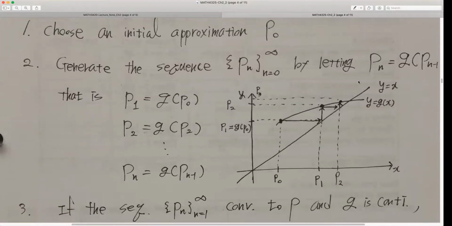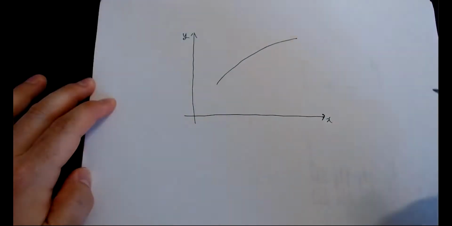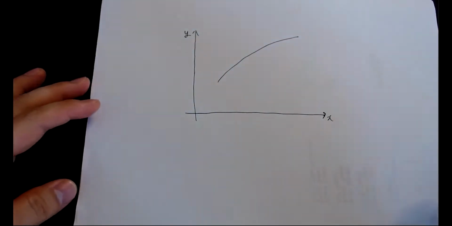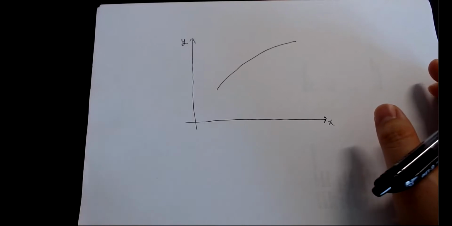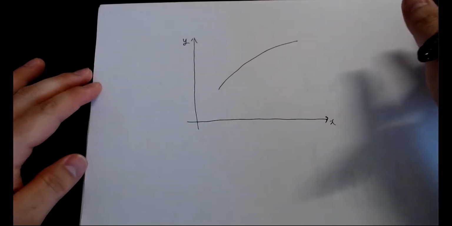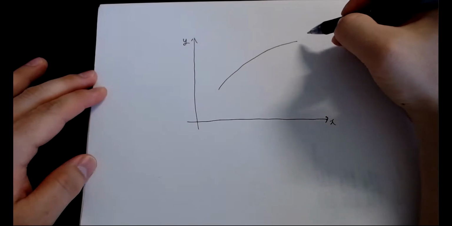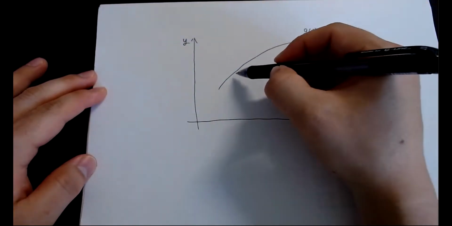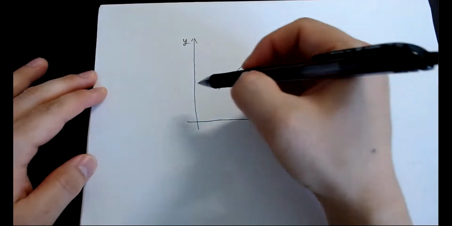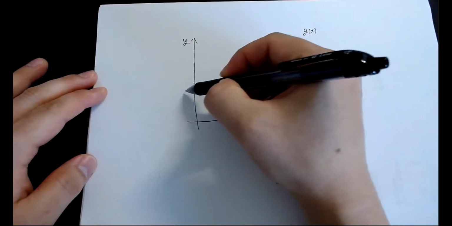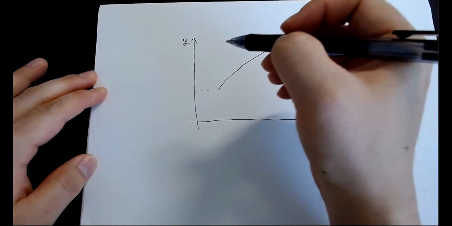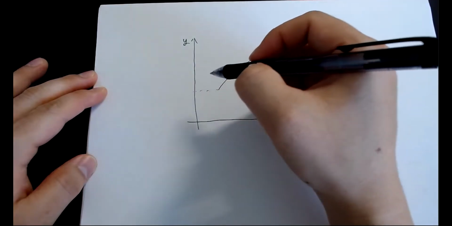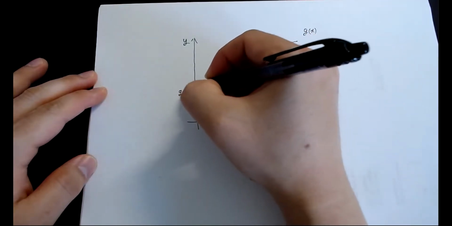Okay, let me explain how the fixed point iteration algorithm works. So let's say this is the graph of function g of x on the closed interval [a, b]. So here is a, and this is g of a.